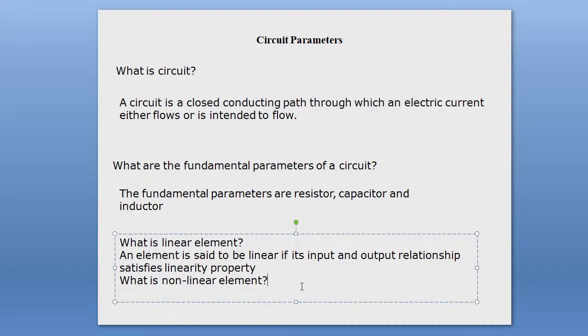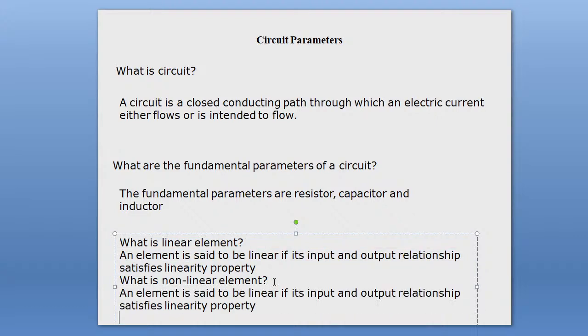Okay, and an element is said to be non-linear element if its input and output relationship does not satisfy the linearity property. Okay. Now, give an example of a linear element.